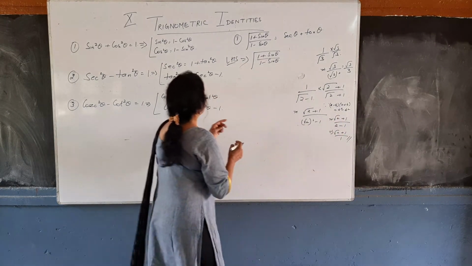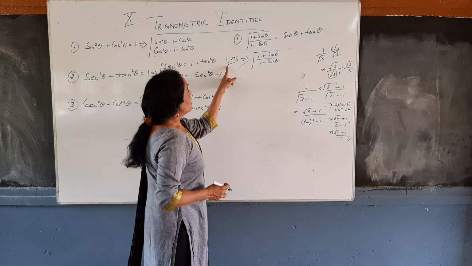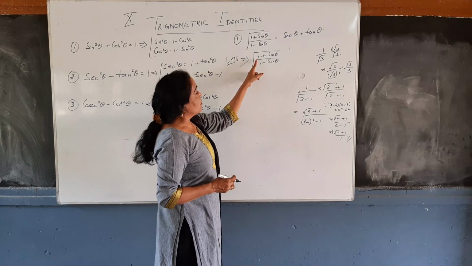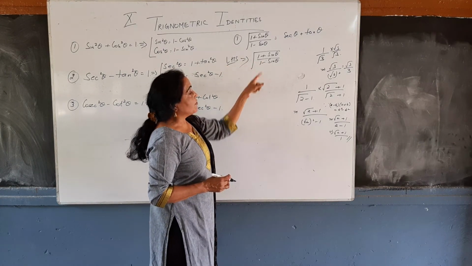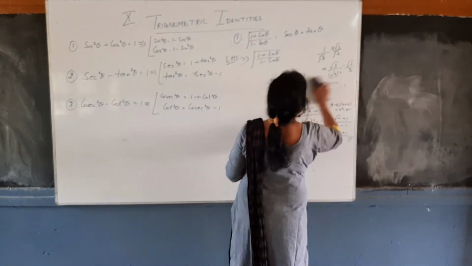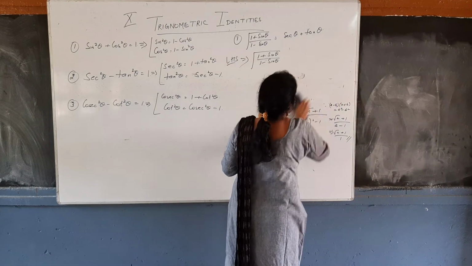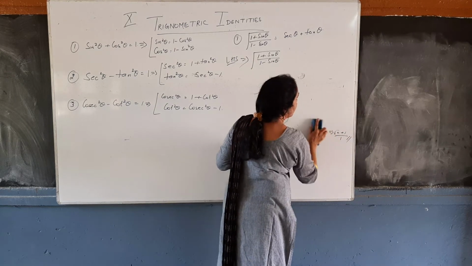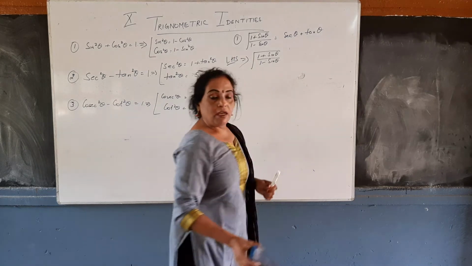Now, in the same way, we have taken here the LHS, that is under root 1 plus sine theta upon 1 minus sine theta. So now we will simplify here. See, the terms are given in the denominator, and the terms are given in the root.